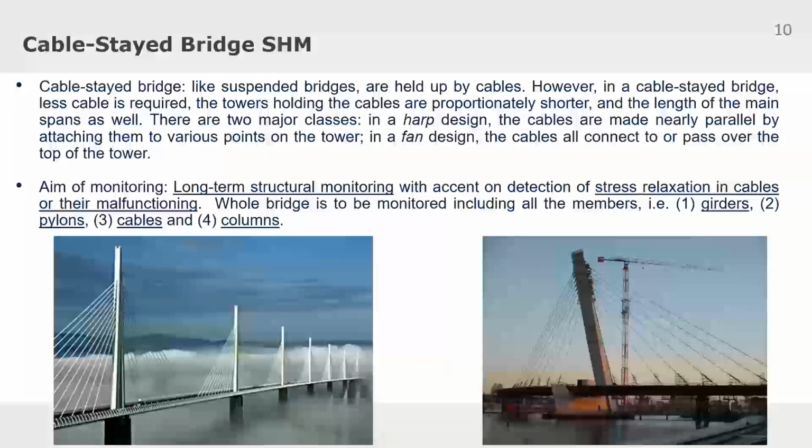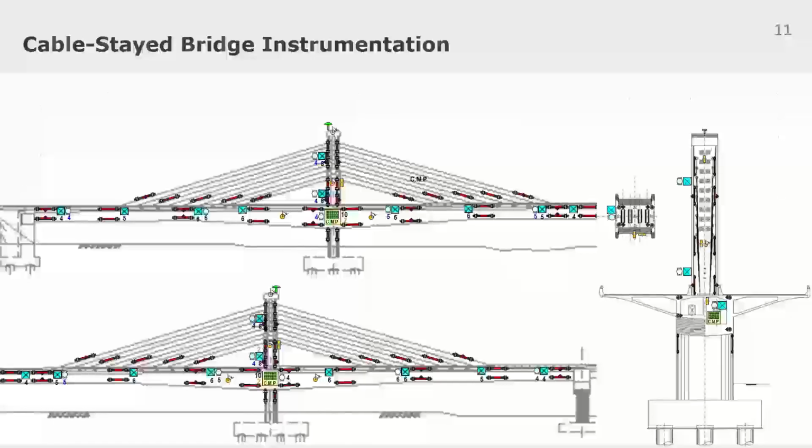The monitoring purpose of cable stayed bridges is long-term structural monitoring with particular attention on detecting the relaxation of stress in the cables and their malfunction. The entire bridge is to be monitored, including all the members such as the girders, the pylons, cables, and columns.